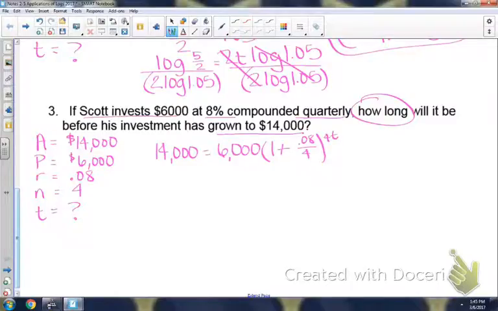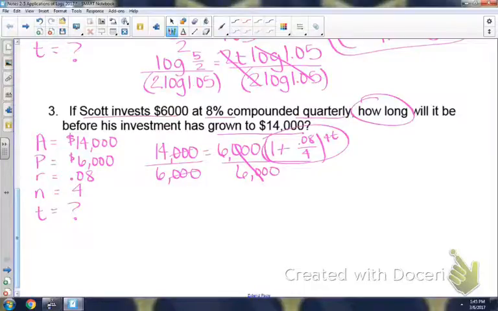Okay, so just like the other example, we want to get the base and exponent by itself. So I'm going to divide by 6,000. So that would be 14 over 6.